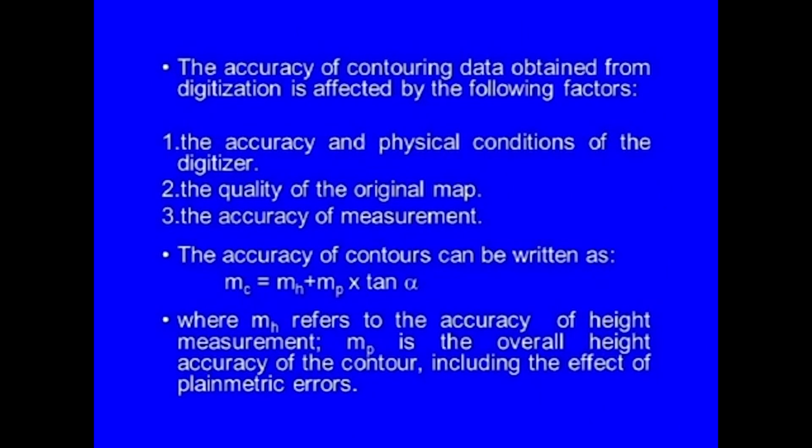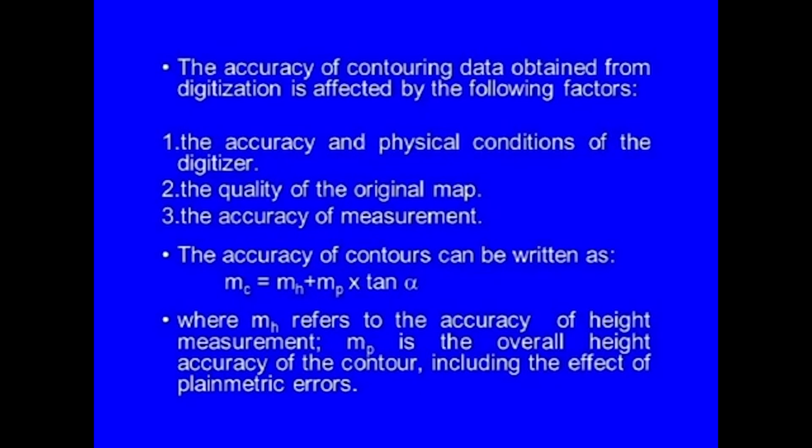The accuracy of the contouring data obtained from digitization is affected by the following factors. First, the accuracy and the physical conditions of the digitizer. The second is the quality of the original map, and third is the accuracy of measurement.